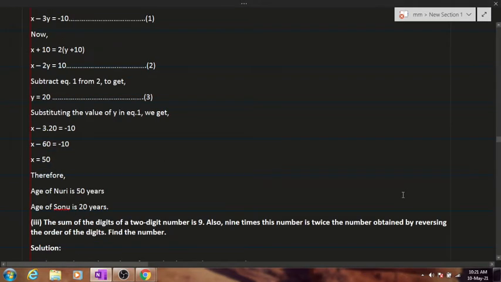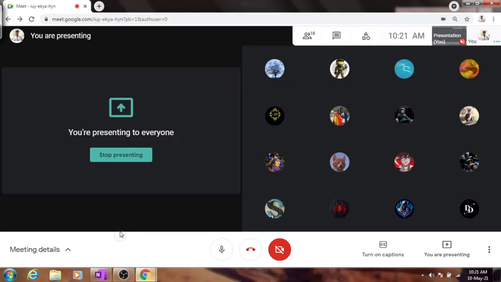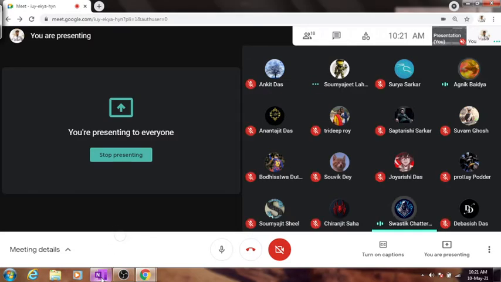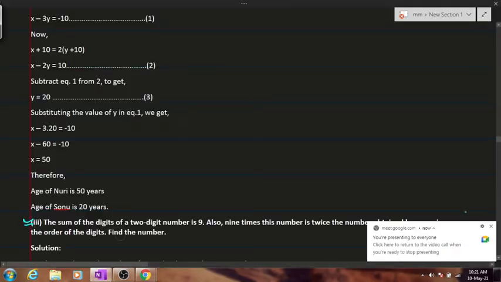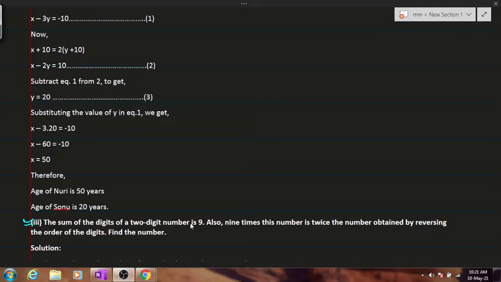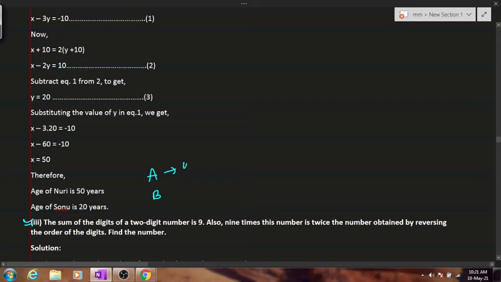The third question for today. Is everybody ready? Ready, yes or no? Yes, sir. Chalo, the sum of two digits is 9. So we'll assume the digits to be a and b. Clear? This is the units place and this is the tens place.